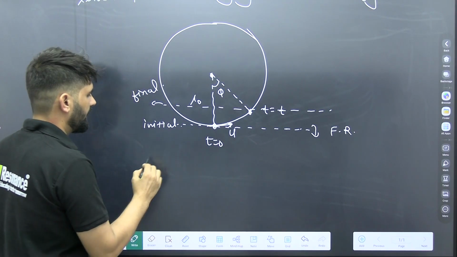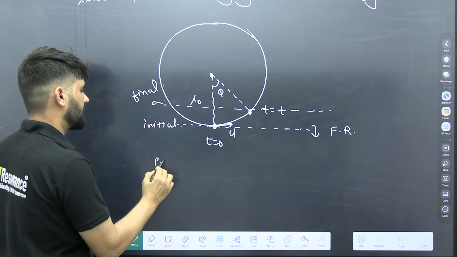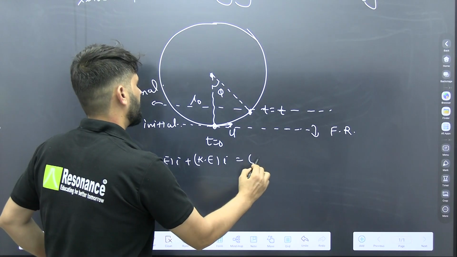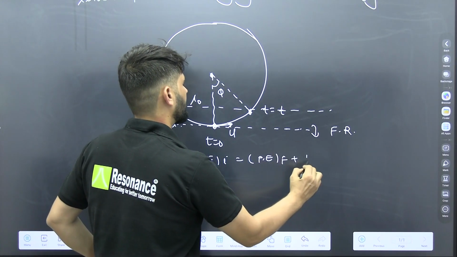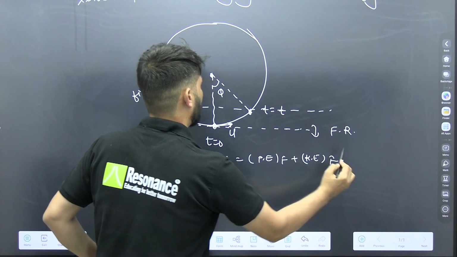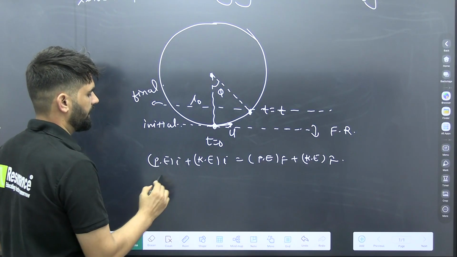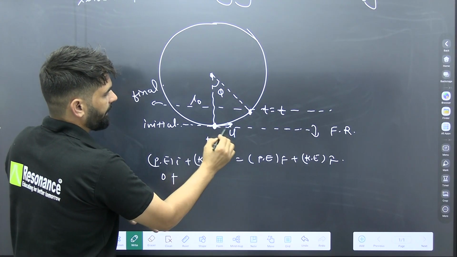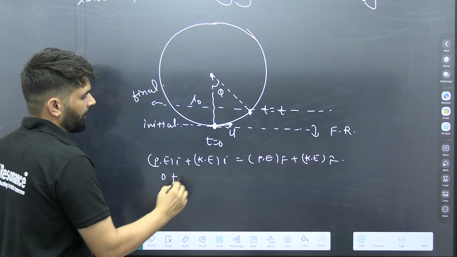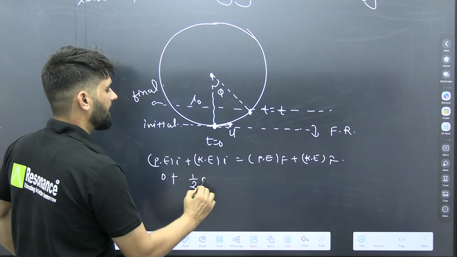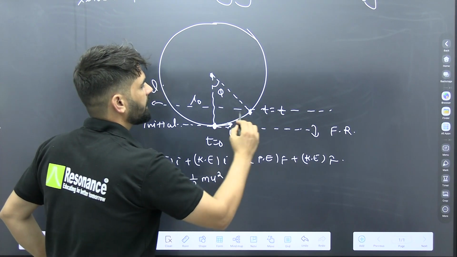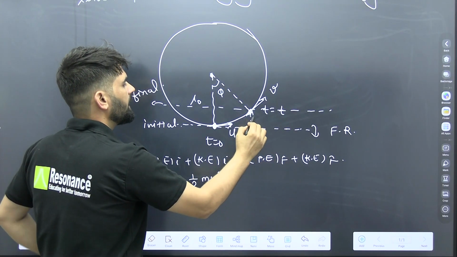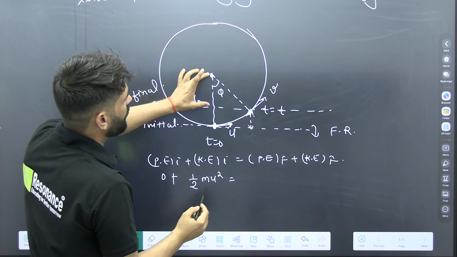So potential energy initial plus kinetic energy initial equals potential energy final plus kinetic energy final. Potential energy initial is 0 because the particle is at the reference point, plus kinetic energy initial, half m u square. Let's assume velocity v at that point, and the particle is displaced by this height, L naught 1 minus cos theta.